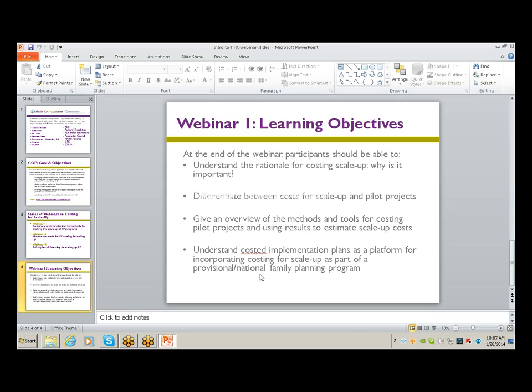So for today's webinar, I'll just share with you very quickly our learning objectives. And as I mentioned, we have 2 speakers for today. We hope that by the end of this webinar, the participants would be able to understand the rationale for costing scaling up, why is it important, and then differentiate between costing for scale up and costing for pilot projects, because there are many differences there.